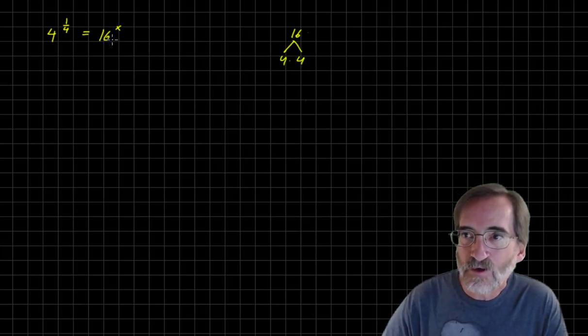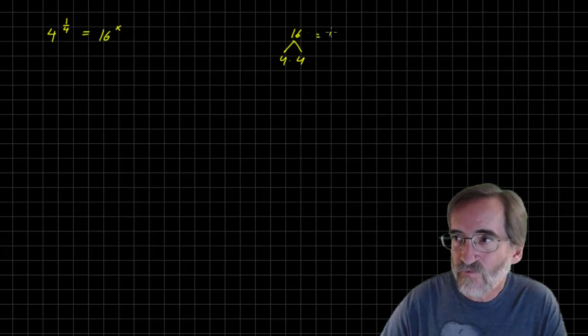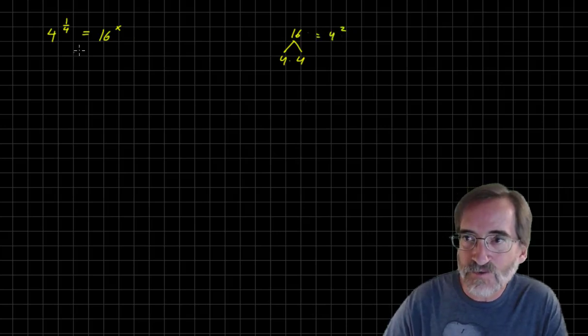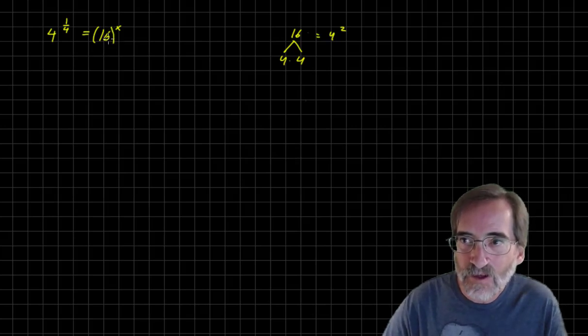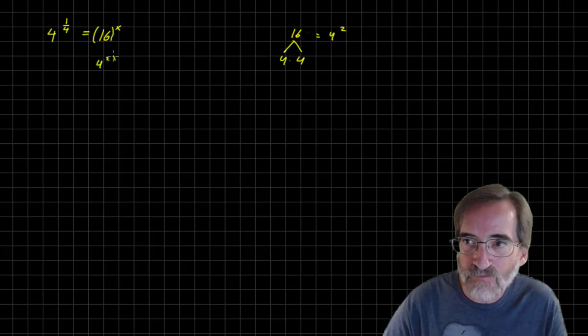Right? So 16 can be written 4 to the second power. So let's rewrite 16 as 4 to the second power. So 4 to the second power to the x equals 4 to the 1/4.